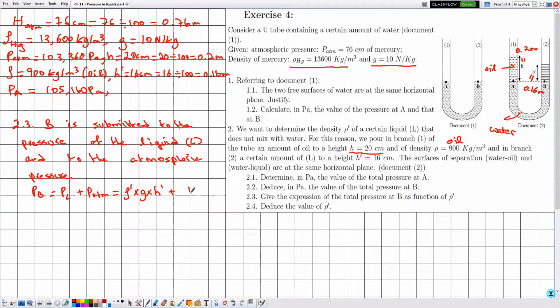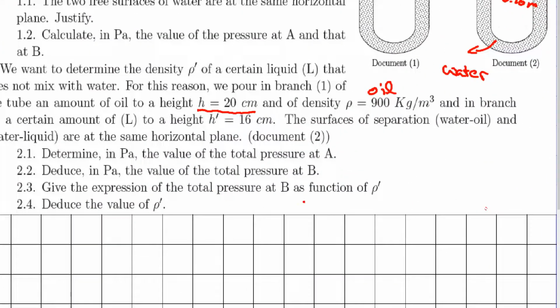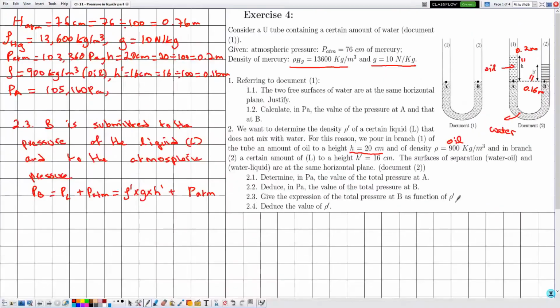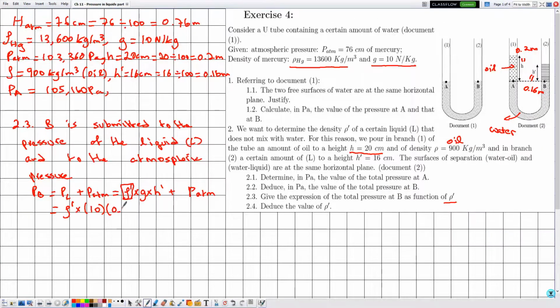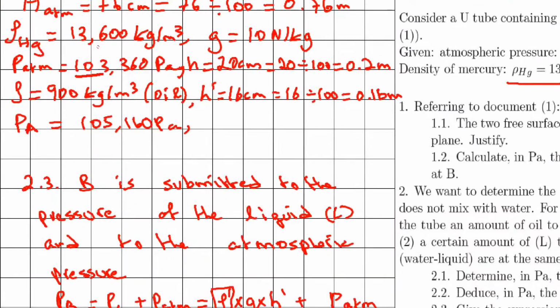plus the atmospheric pressure. Notice that here they are telling us to give the expression of the total pressure at B as a function of rho prime. Then we must keep rho prime as a variable, knowing that we are interested in determining PB, the pressure at B. So rho prime multiplied by g, where the value of g is 10, the value of h prime in SI is 0.16, plus the atmospheric pressure, which is 103,360.